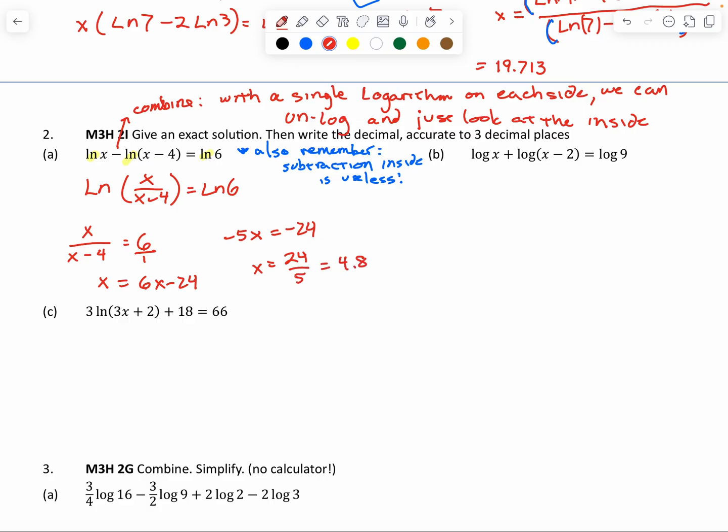Okay. I'm going to distribute the x because it's now inside. Right. Compare the insides. Does this factor? No, it doesn't. Ooh.